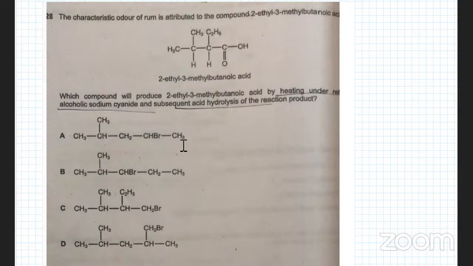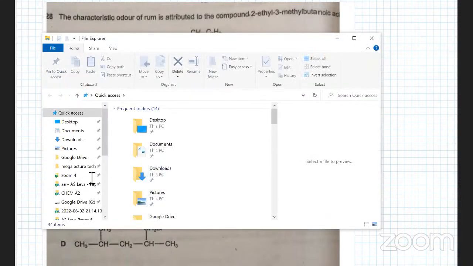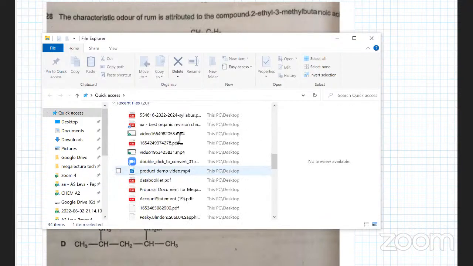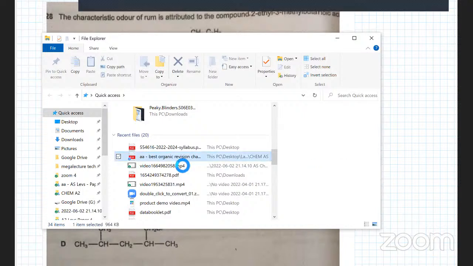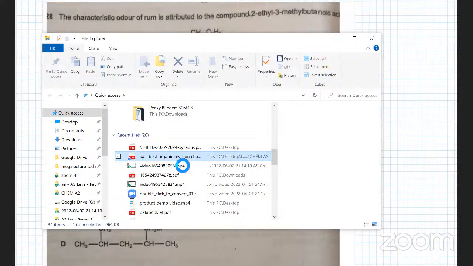Let me open the organic chart as well. Just 1 second. So what happens with NaCN ethanolic? That's the first question. Hold on a second.